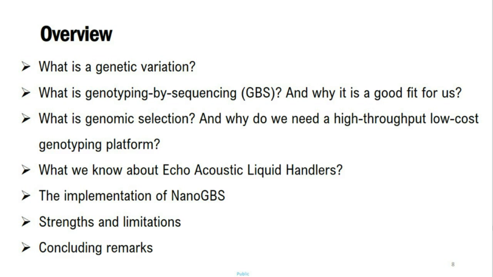Then I will very briefly touch on genomic selection and why we need a high-throughput, low-cost genotyping platform. Then I will discuss the acoustic liquid handlers and how we have implemented NanoGBS. Then I will show you some strengths and limitations of this method, and I will finish with some concluding remarks.